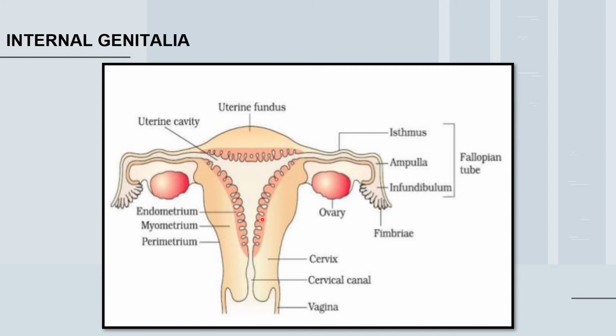It is considered to be vascular and glandular because it comprises a very large number of blood vessels and glands. The middle thick muscular layer would be termed as myometrium, and the outer peritoneal layer would be termed as perimetrium. The fallopian tubes open up into the body of the uterus at its left and right lateral angles.